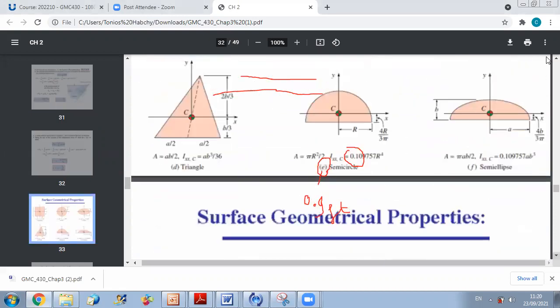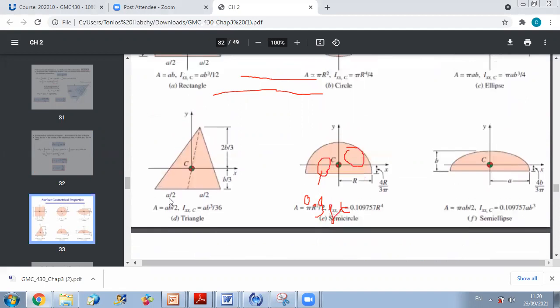For a triangle, the centroid is at b over 3, where b is the height. This is the property we used together to calculate the position of C. Here, instead of calling the height h, they called it b, so the centroid is located at b over 3 from the base.